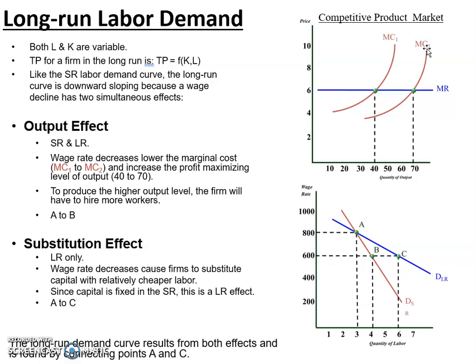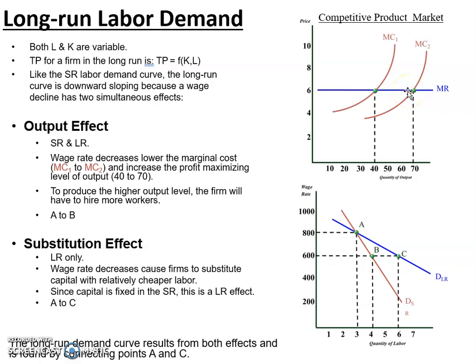More importantly, you'll notice that now previously unprofitable units, 40 to 70, which would have had a cost before the wage decline greater than the price they could sell the good at, now are profitable because they have a cost that is less than the price that they could sell the good at.